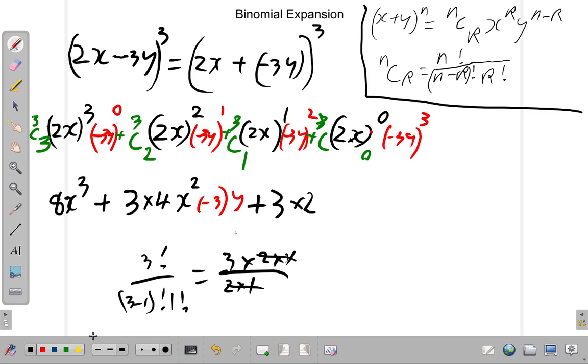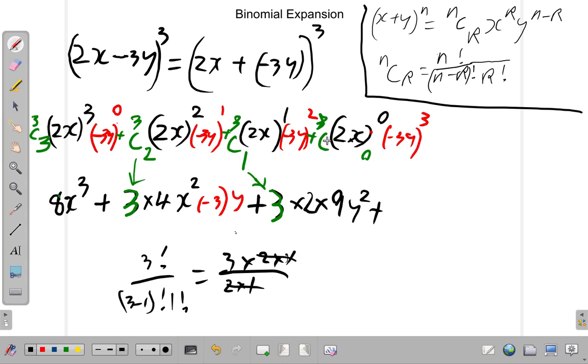And by the way, let me write these in green because they are the same as the C's I wrote in green here. This 3c1 is this 3 here, times this 2 times negative 3 squared. Negative 3 squared is going to be 9, so it's times 9 y squared.